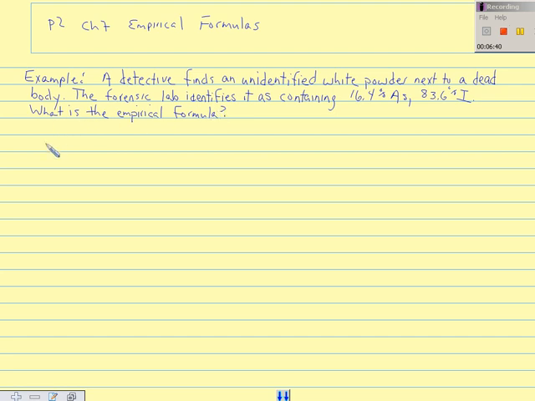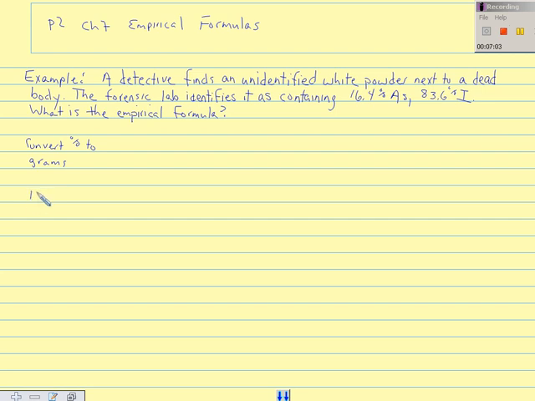Let's take a look at what we're going to do. The first thing we're going to do is convert percent to grams. I want you to space it out on your paper just like I'm doing. We're going to have 4 columns here, so save your space.